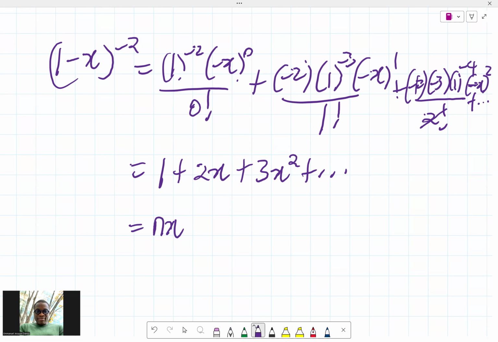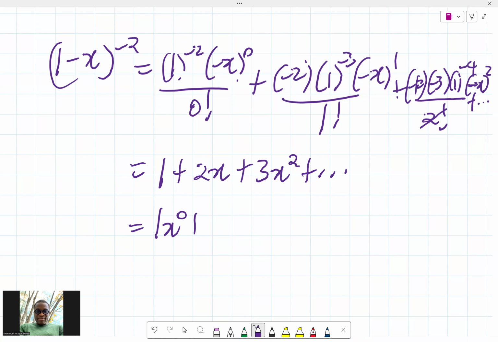Okay, it doesn't start from 0 now. So here we see nx raised power 1, or better still, this is like 1x raised to power 1 plus 2x raised to power 2. Like it's not working.